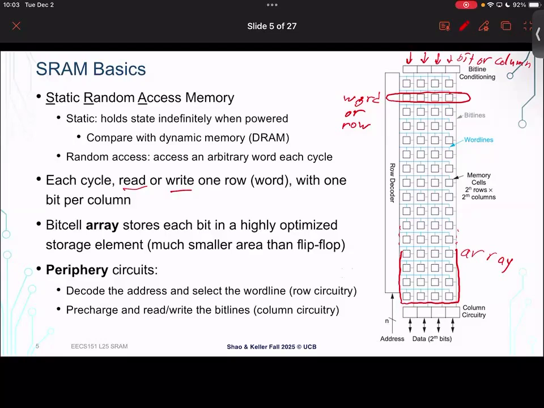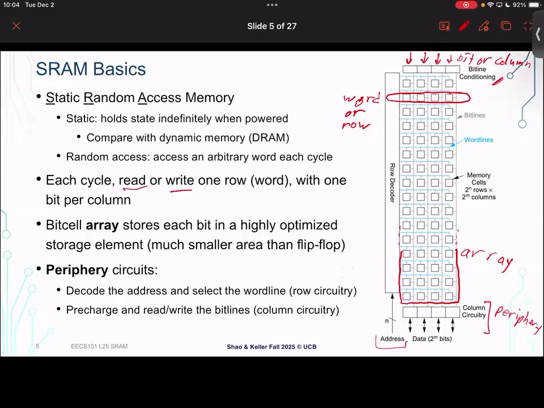Okay, and then the other parts of the SRAM are the periphery. So that's everything that's not the array. So you'll see denoted here, column circuitry, the row decoder, this bit line conditioning up top. This is all periphery. And we're going to talk about the periphery circuits second, so don't worry too much about those for now. Just keep in mind that they exist.